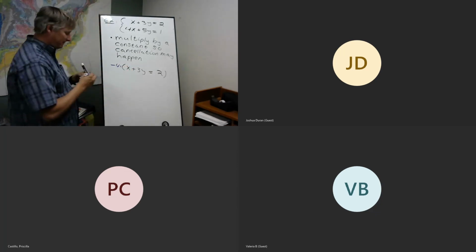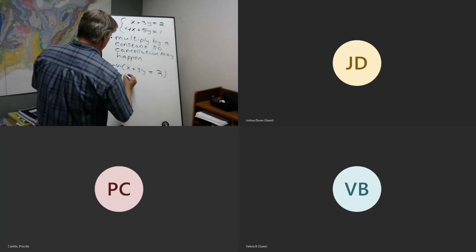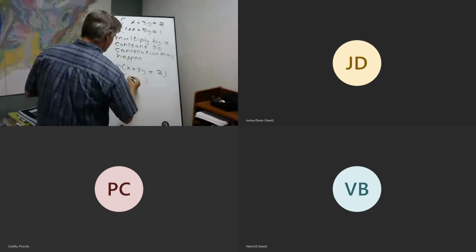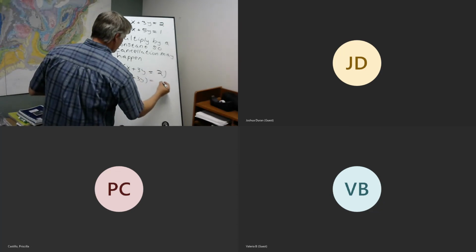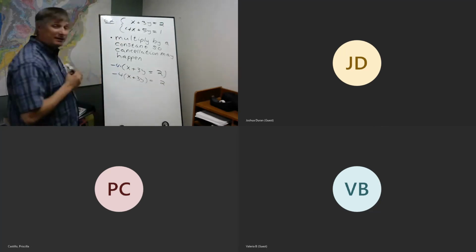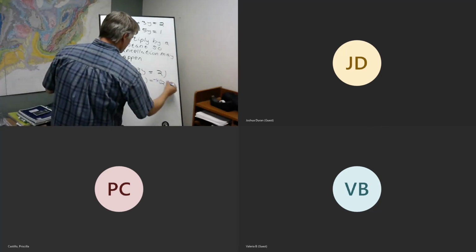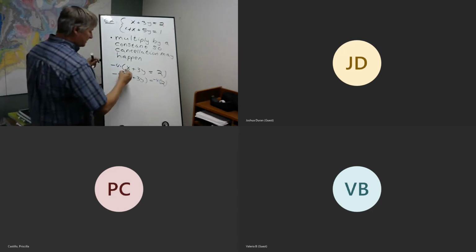Or put another way, and this is probably a more accurate way of putting it, we'll multiply both sides by negative 4. So we'll distribute here.